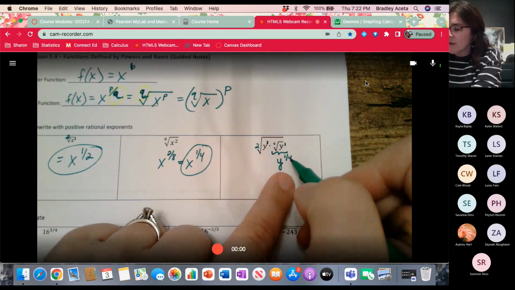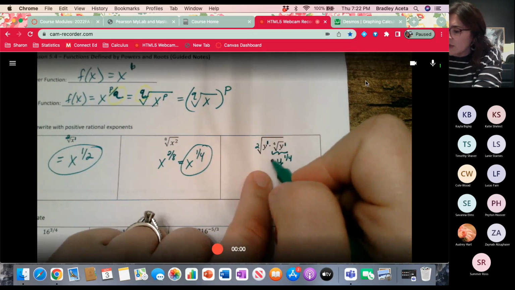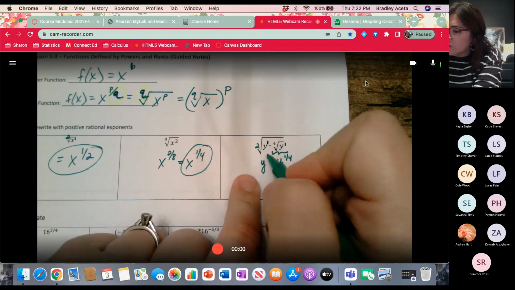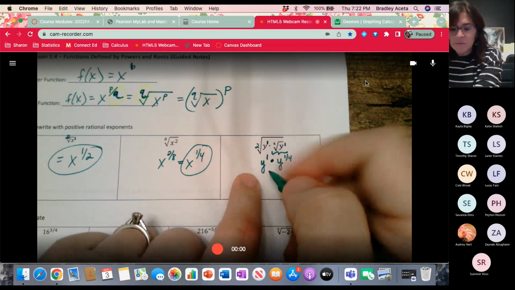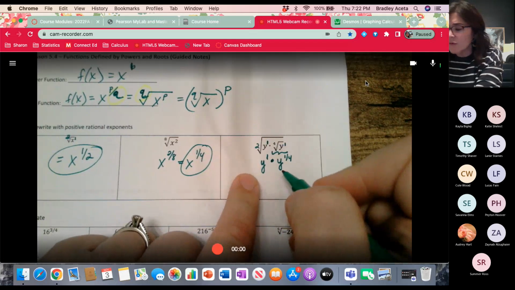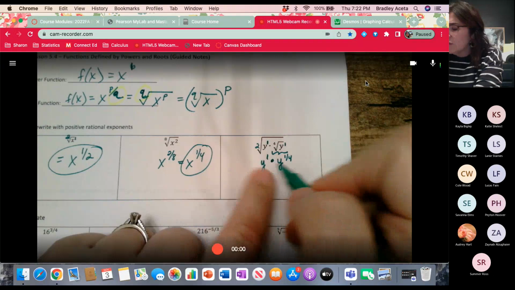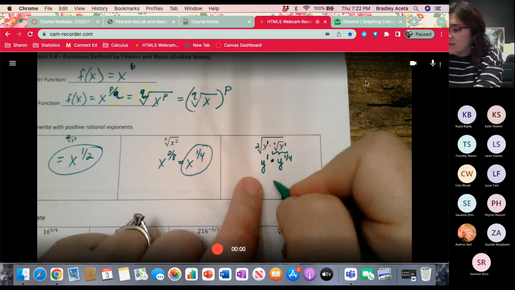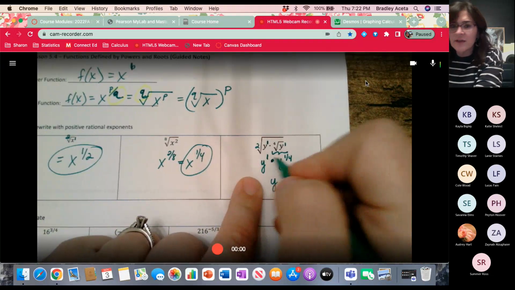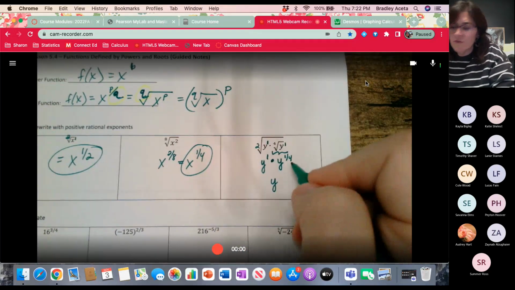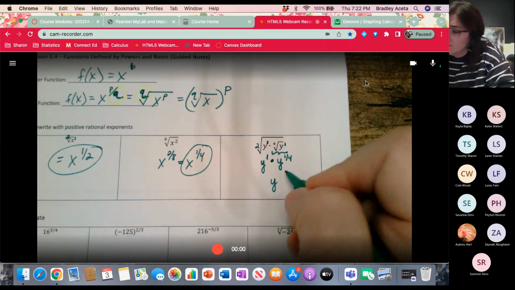The 4 is on the bottom. And you're multiplying it by y to the 1. Well, if you know your rules about multiplication, anytime you're multiplying like bases, you keep the base and you add the exponents. 1 plus a fourth is 1 1/4 or 5/4.